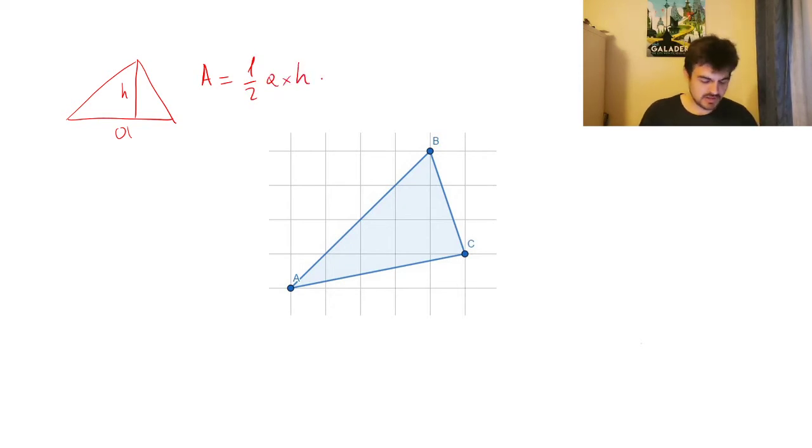And an important thing that will come up a lot in this problem set, it's not really specific to this example, is that the altitude is just the perpendicular distance from the top to the base, right? So if I have a triangle that looks a bit more funny, like this, then its altitude comes from this point and it's just the perpendicular distance, right?